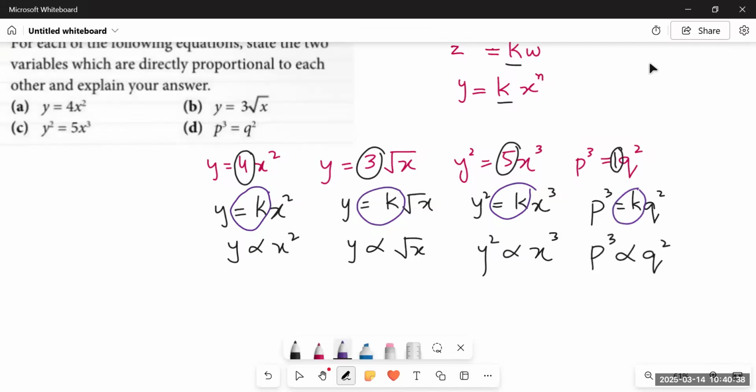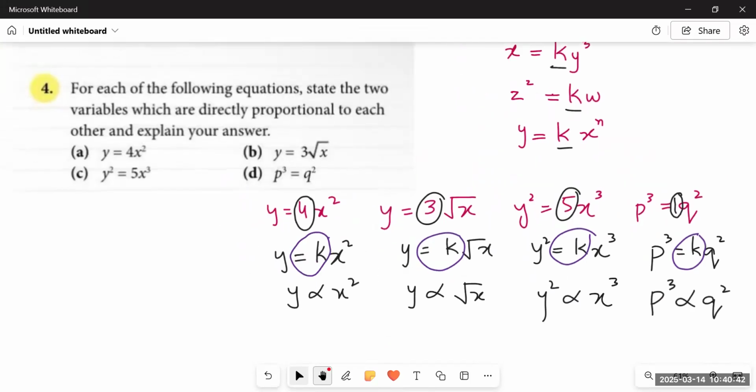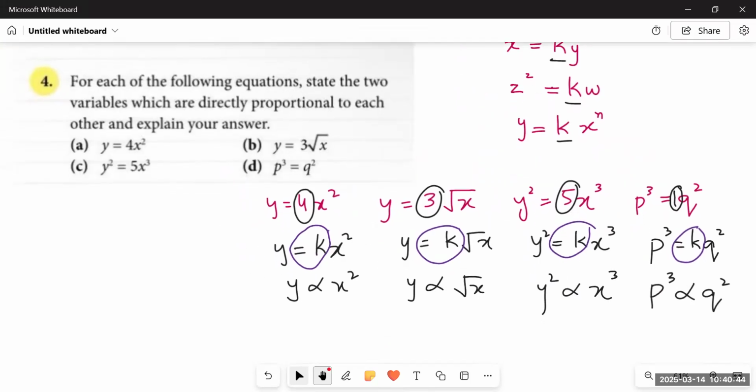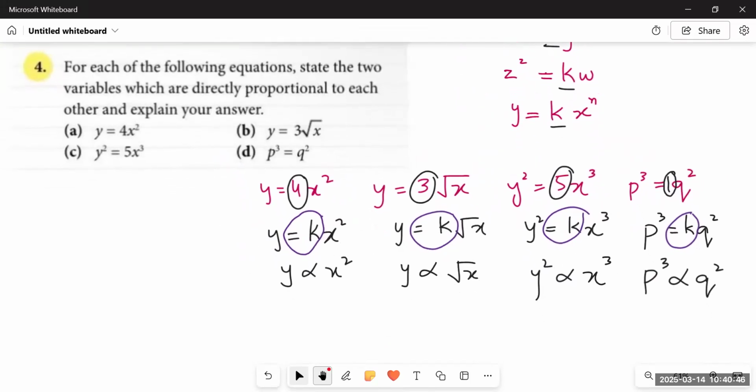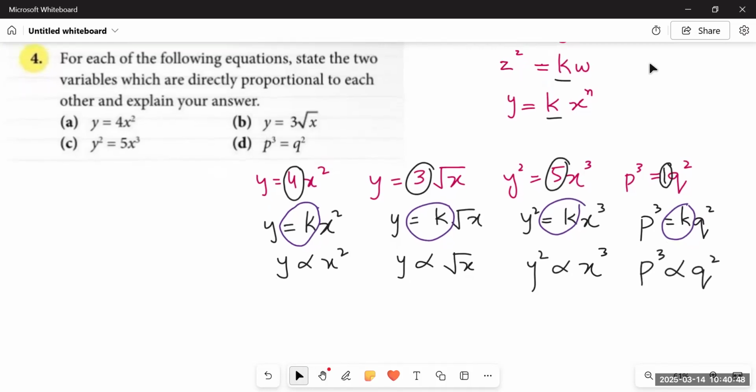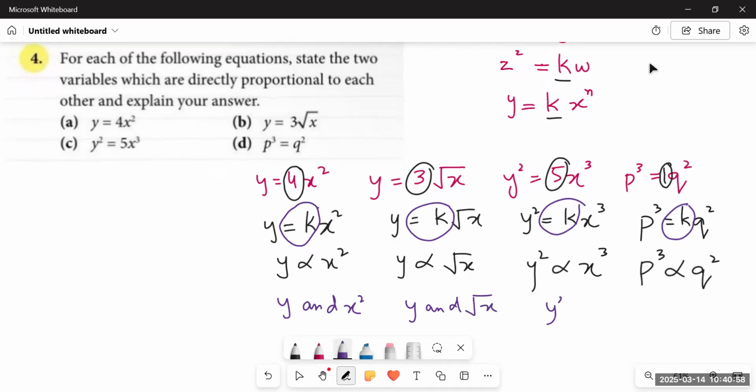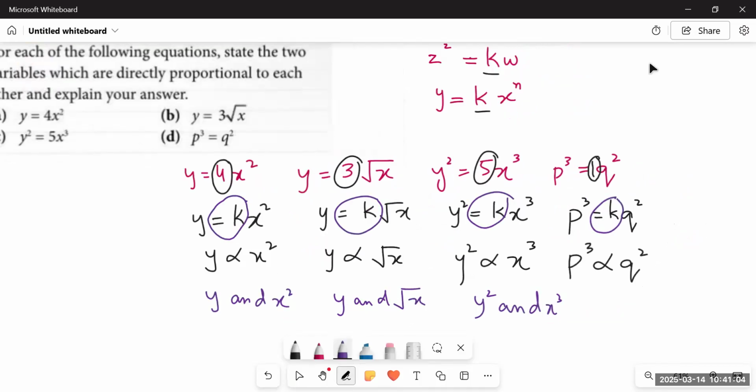So what are we going to write? Let's just reread the question. For each of the following equations, state the two variables which are directly proportional to each other. So we will say that y and x square are in direct proportion, then y and under root x are in direct proportion, then y square and x cube are in direct proportion, and last but not the least, p cube and q square are in direct proportion.